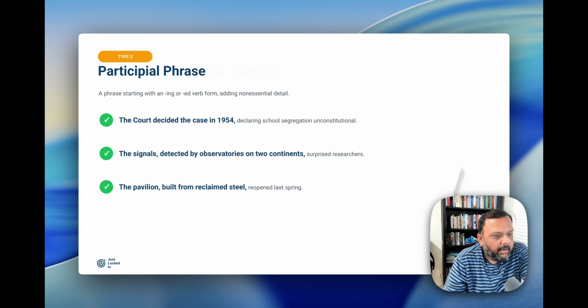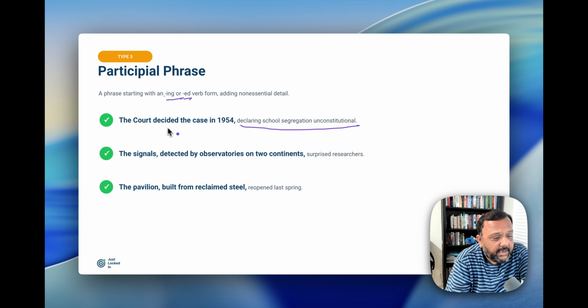All right. Okay, let's look at the participial phrase. It essentially starts with an -ing or an -ed form of the verb. So: the court decided the case in 1954, declaring school segregation unconstitutional. This one is participial, and it is non-essential.